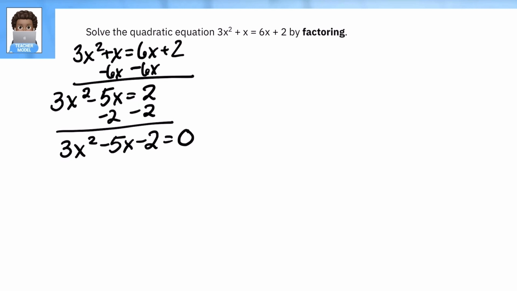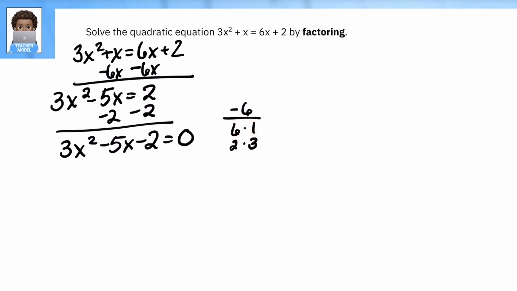Now that it's in standard form, I'm asking the question, is there a GCF? And there isn't. So I'm going to find the product of 3 and negative 2, which is negative 6. And they have to add up to negative 5. So I have 6 and 1, and 2 and 3. The ones that will add up to negative 5, where one of them has to be negative, are going to be the 6 and the 1.